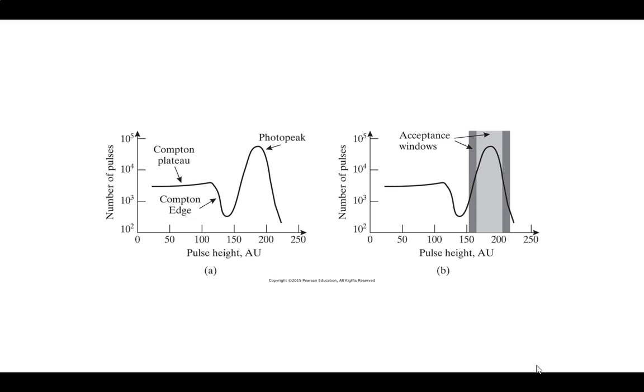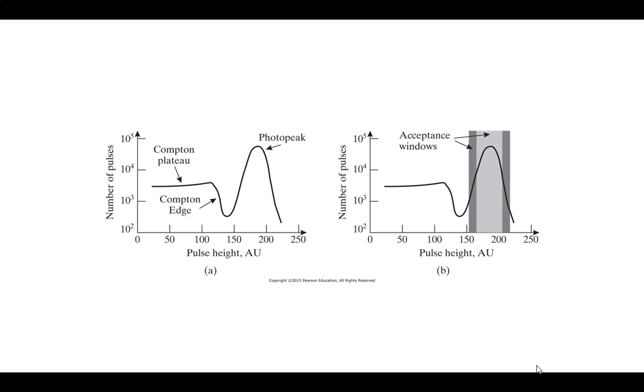So I mentioned this the previous time, but we didn't go into it. So you can see if you take a look, we want to be able to figure out the pulses in here and separate which ones are the ones we want. We don't want photons that have Compton scattering going on, because if there's Compton scattering going on, it's deflected, and so we don't really know where it came from.